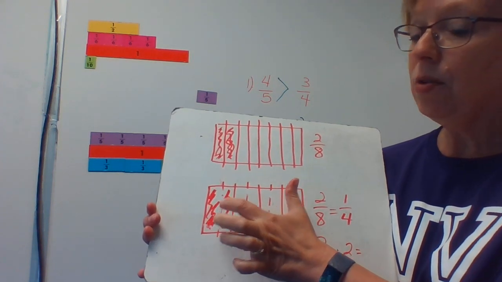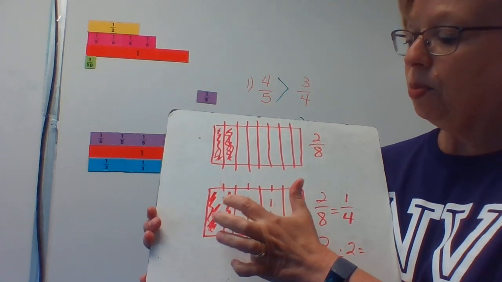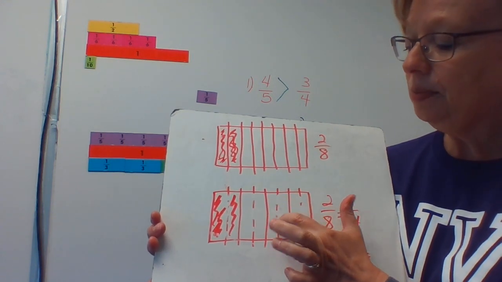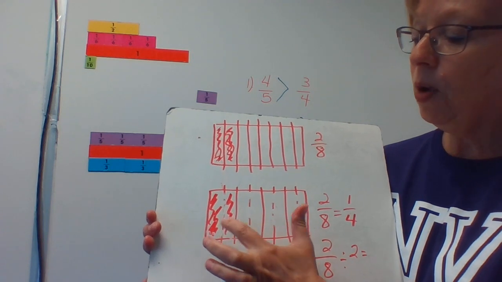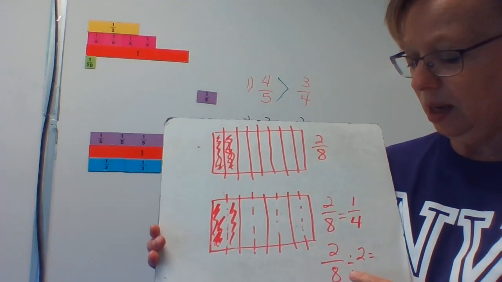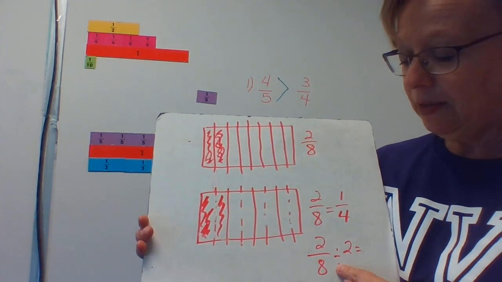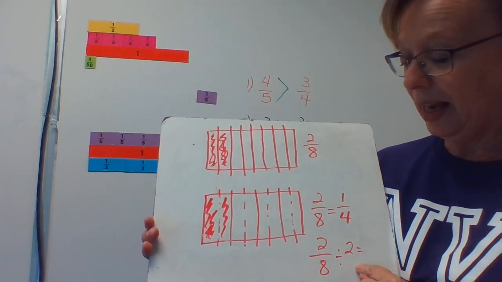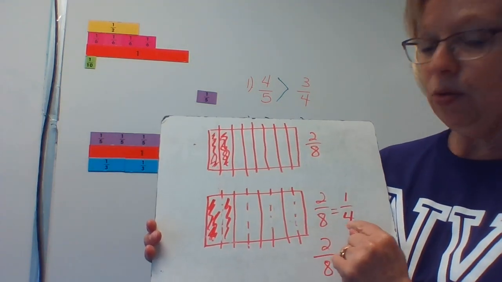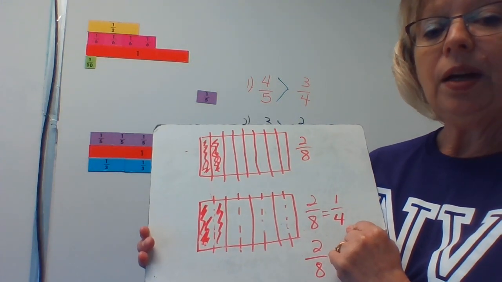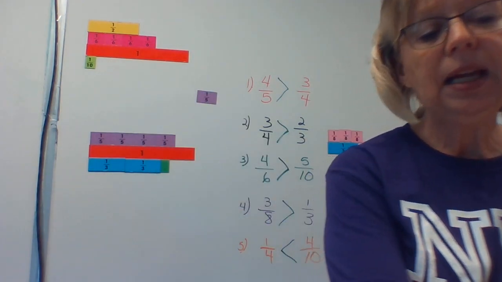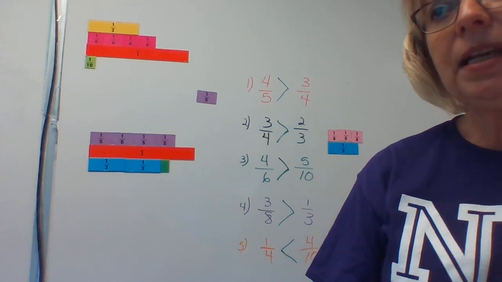What if I take out every other line to have 2 times less, which means now I have 1, 2, 3, 4 parts instead of the 8 parts. So what I did is I really divided 2/8 in half, and when I did that, it ended up being equivalent to 1/4.